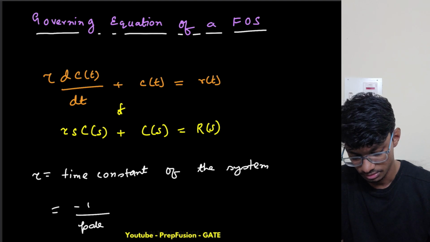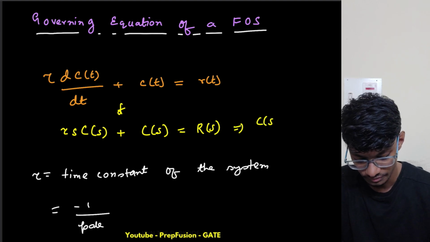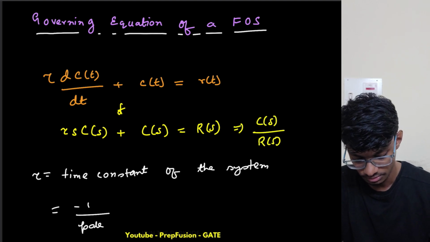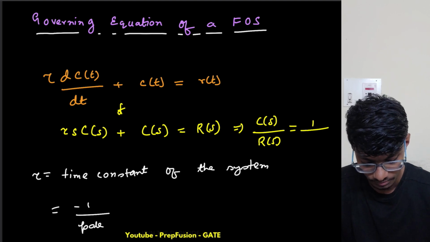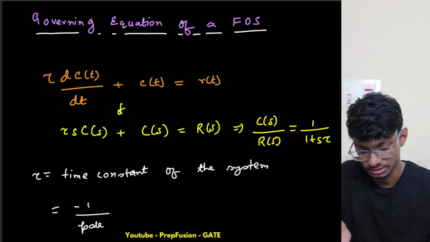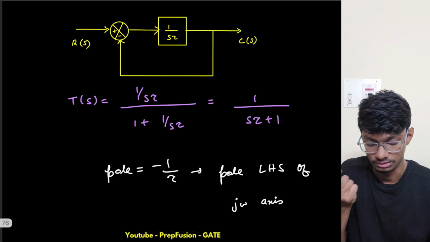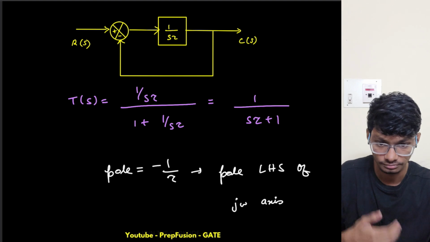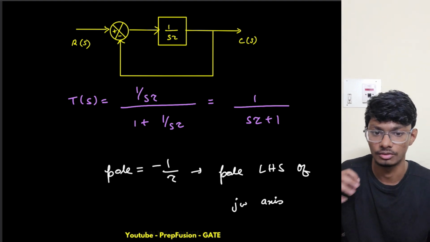Okay, so what is c of s upon r of s? Equals simply 1 by 1 plus s tau. Okay, so yeah, we got the same, right? This is the same as the differential equation of this block diagram basically. Okay, so yeah, this is basically how you solve.